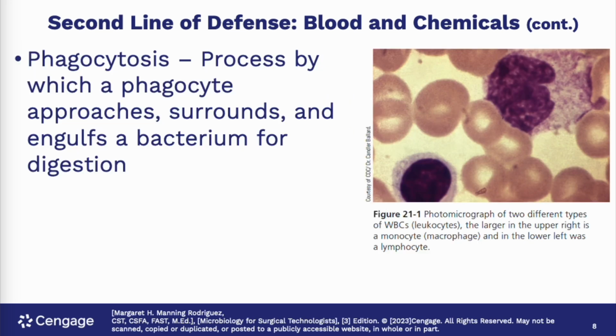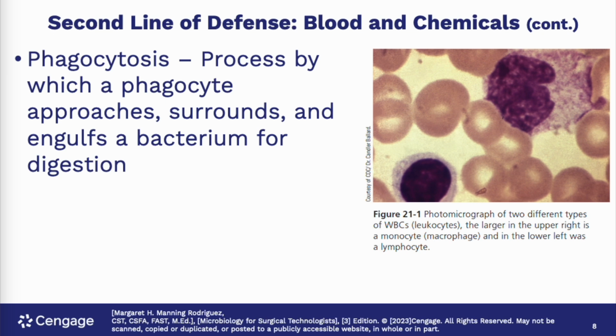Phagocytosis is how a phagocyte engulfs and digests bacteria. We start with chemotaxis. The phagocyte is drawn to the bacterium by signals. Then the phagocyte binds to the bacterium. The phagocyte membrane wraps around the bacterium, forming a vessel called a phagosome.